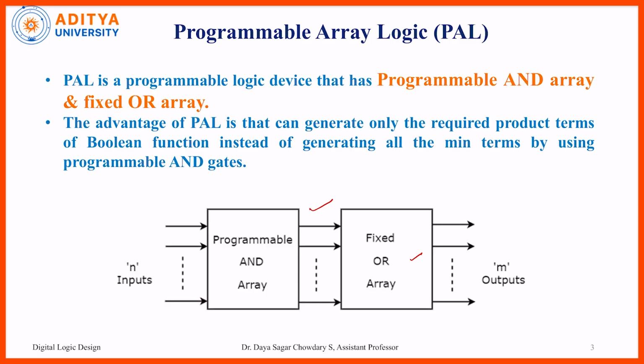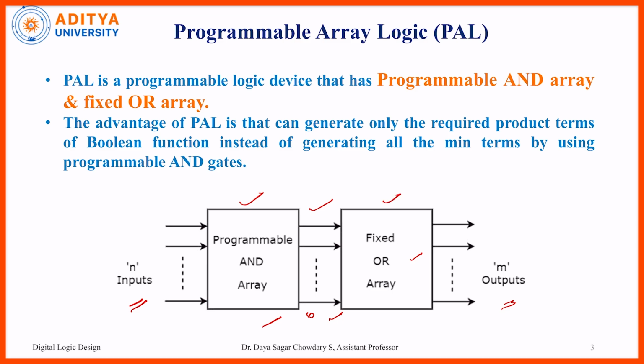Here we can give n number of inputs and expect m number of outputs. Some outputs of the AND gate array are given to the inputs of the OR gate array. That means AND gates are programmable here and OR gates are fixed here.